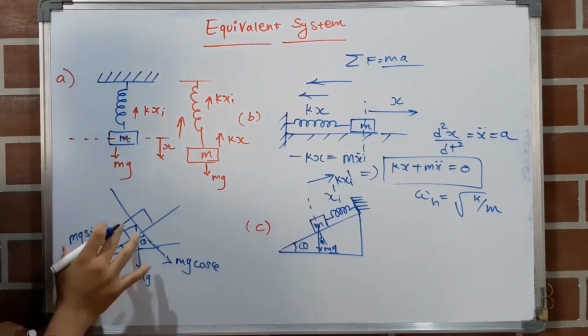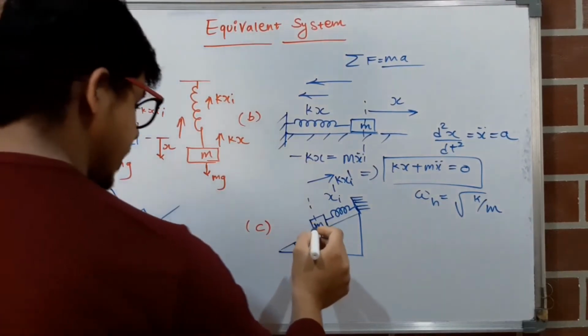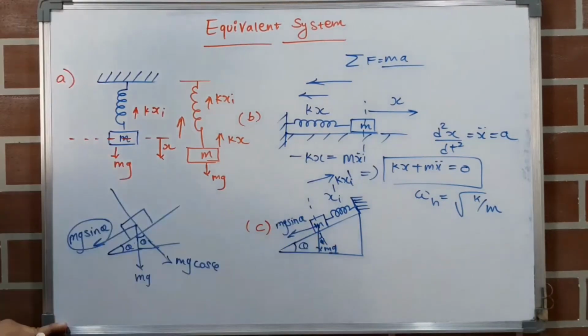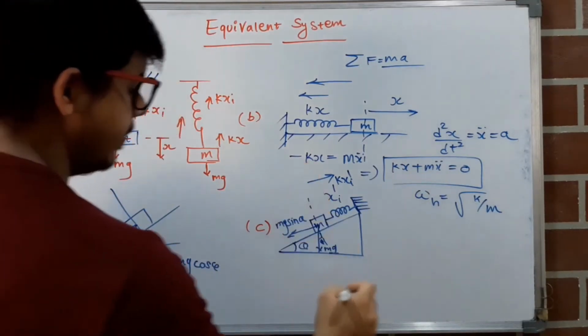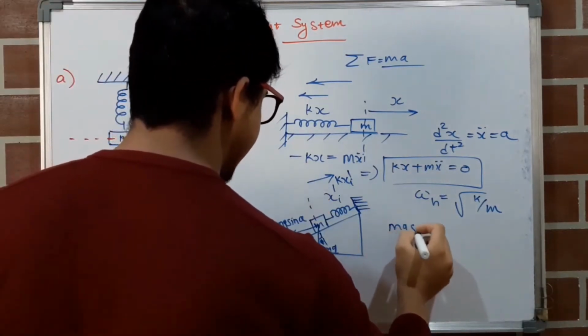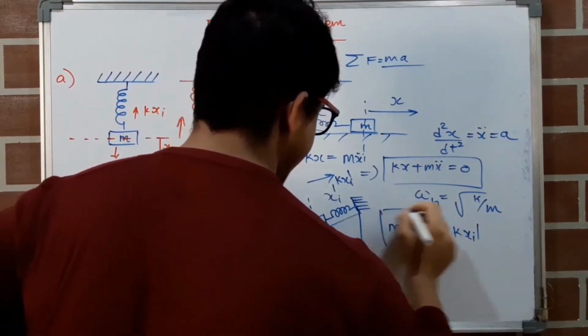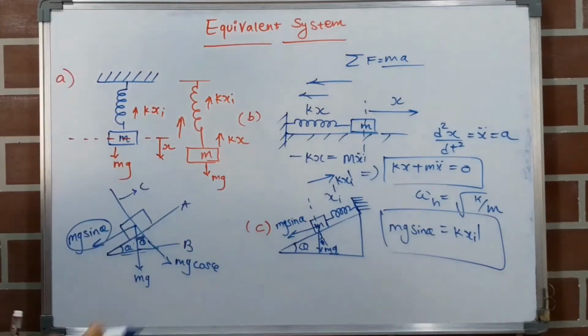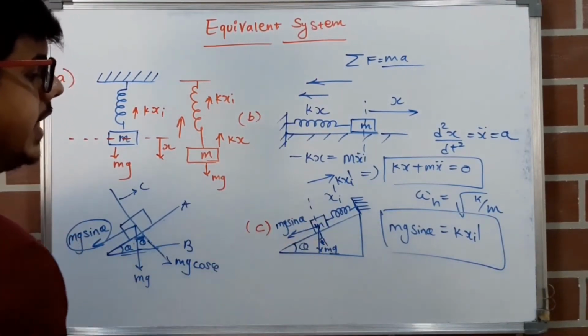So there will be an initial deflection due to this component of the force, that is mg sin theta, which is acting here. So it is in the equilibrium position because it is at mean position. So we can write that mg sin theta is equal to k into xi dash. So this is the first equation we are getting, under static deflection.